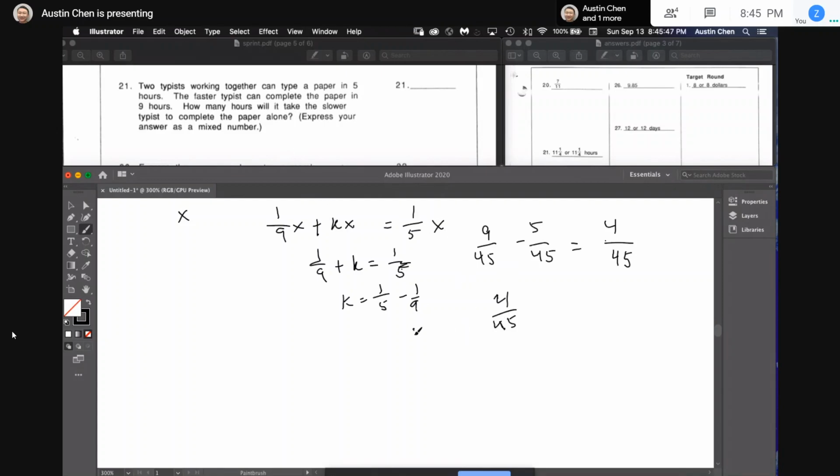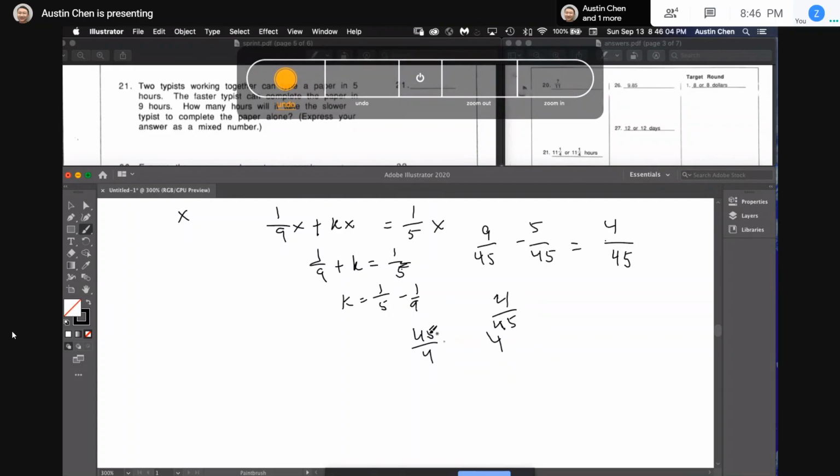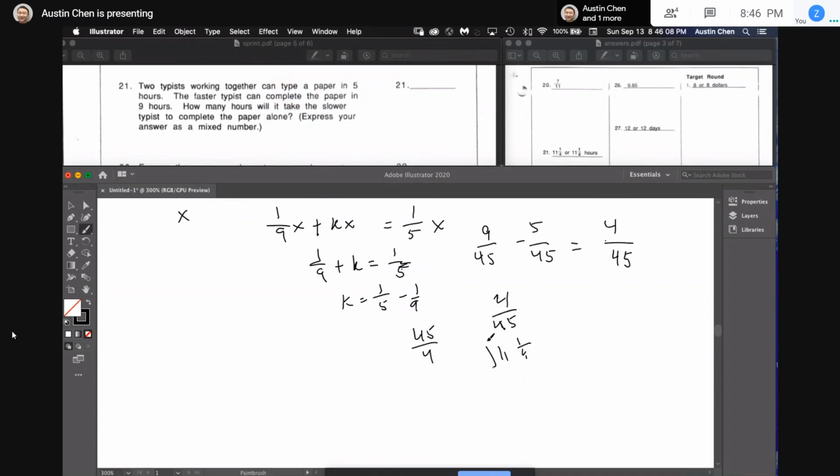So that's going to be the reciprocal of this fraction, 45/4. And it says expressed as a mixed number. You take out a 44, that's going to be 4 and 1/4. No, oh my, I'm so bad. So you take out a 44, 44 over 4 is 11, and that will leave a 1 on top, so 11 and 1/4.